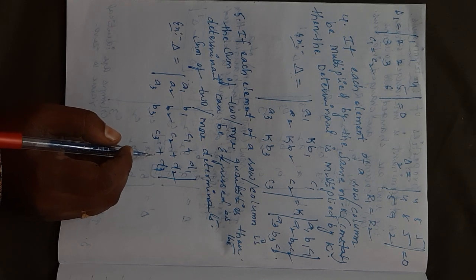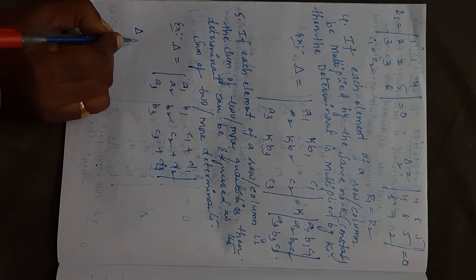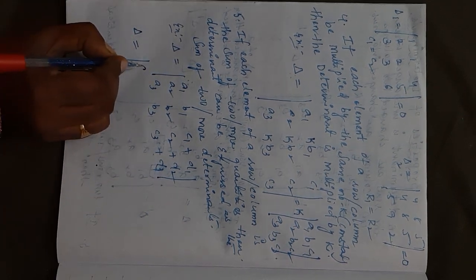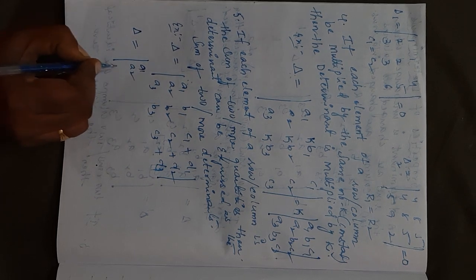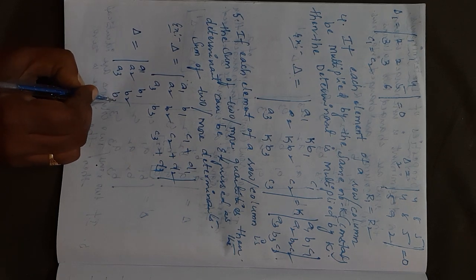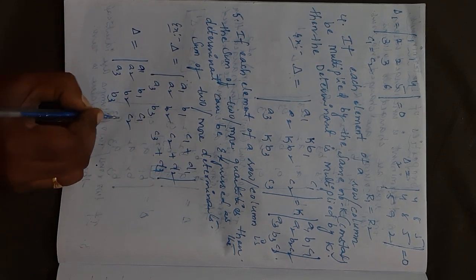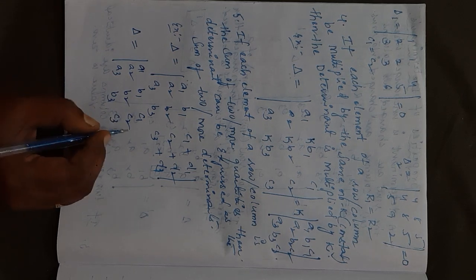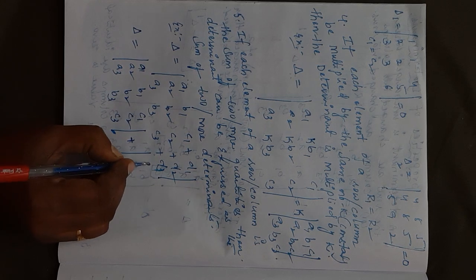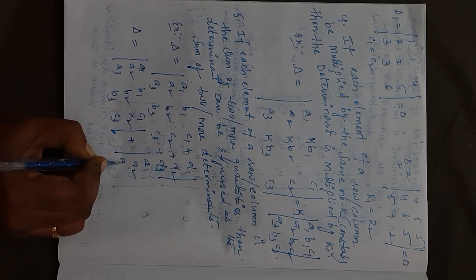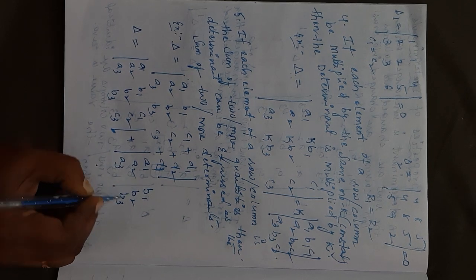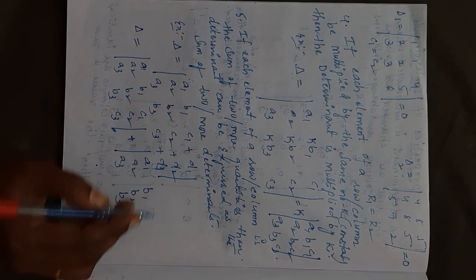So here I can write this delta as the sum of two determinants, that is a1, a2, a3, b1, b2, b3, c1, c2, c3, plus, here the remaining two columns will be written the same, a1, a2, a3, b1, b2, b3, and we have to write d1, d2, d3.